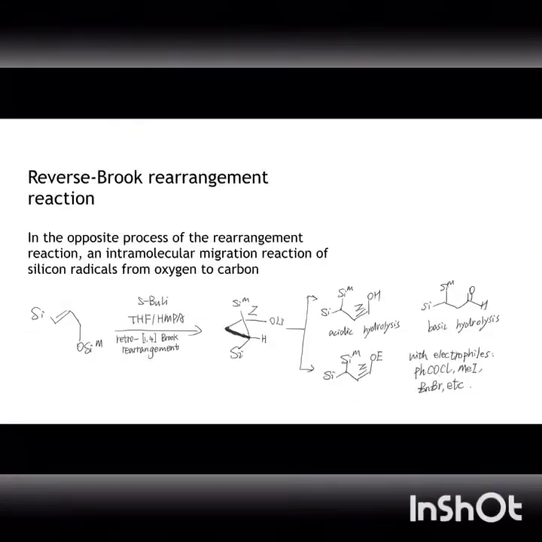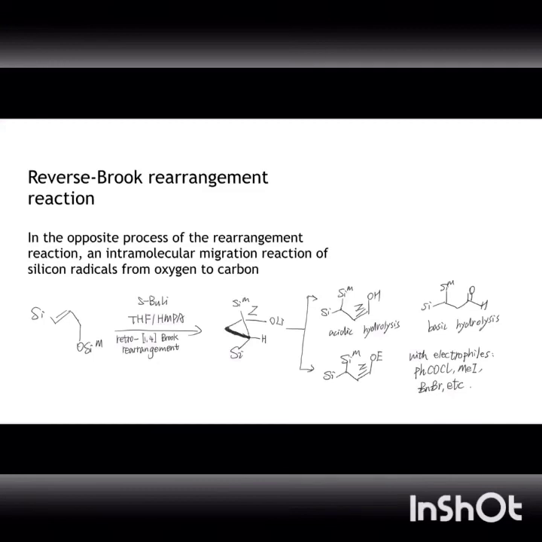Next we're going to teach you the Reverse-Brook rearrangement reaction, but we won't give you the same amount of information as for the Brook rearrangement reaction, because it's just the reverse, right?